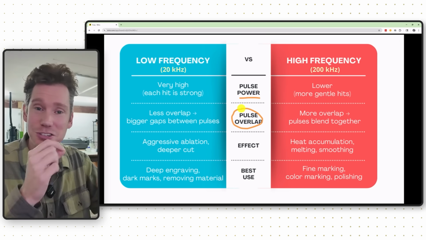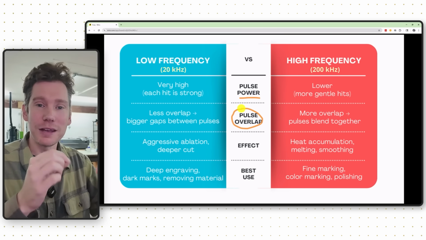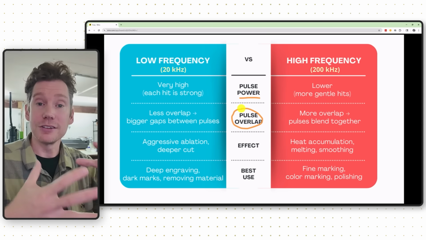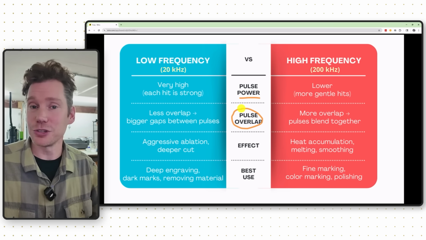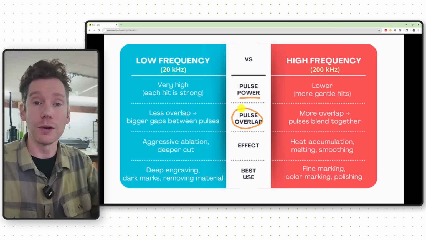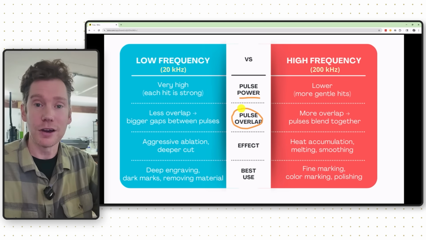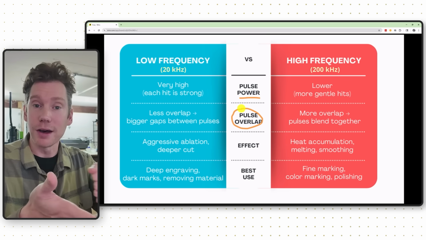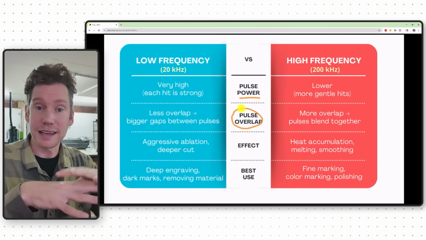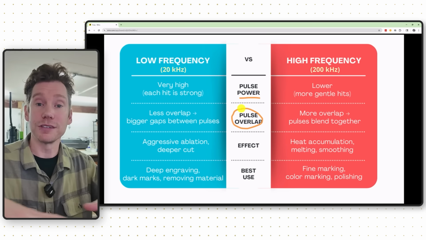Because the laser is just hitting so much faster, so many more times, that the heat is going to start to accumulate on the surface. And what happens when heat starts to accumulate on a surface? If you hold a lighter up to a piece of plastic or a candle or something, the wax starts to melt, the plastic starts to melt because that heat is spreading on the surface of that material.